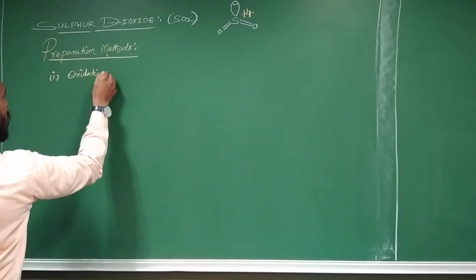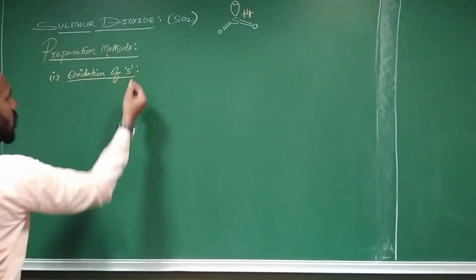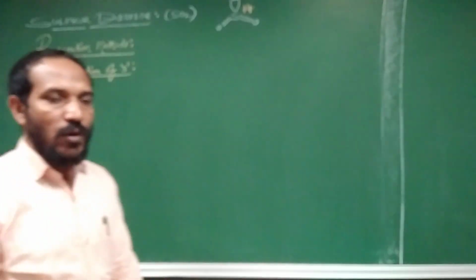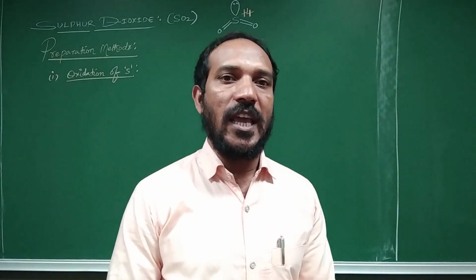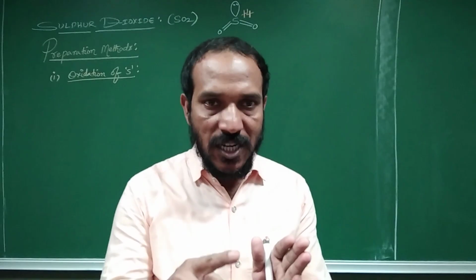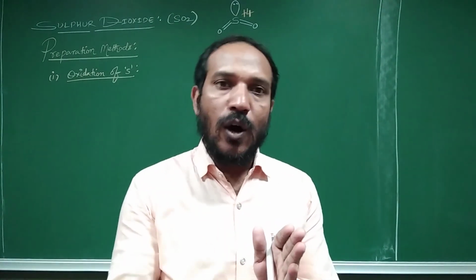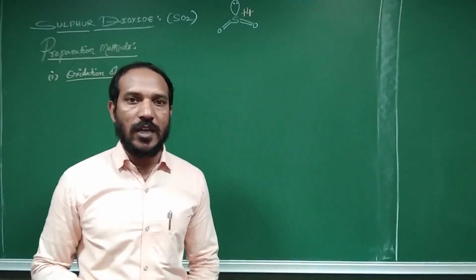Oxidation of sulfur. The sulfur will undergo oxidation, or it can be reacted with oxygen, or burnt in the presence of air or oxygen. Sulfur can be burnt in the presence of air or oxygen, and that forms sulfur dioxide.